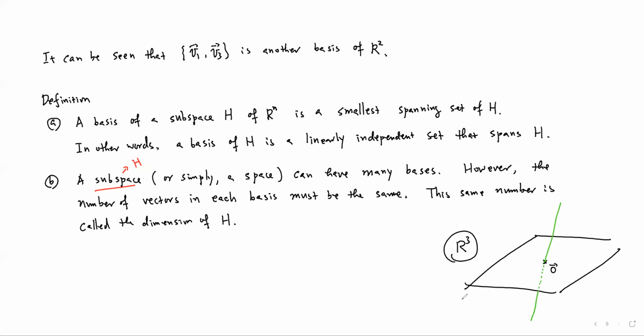A basis of a line contains only one vector. So a line is a one-dimensional space. So the same number of vectors in a basis is called the dimension of the space H. Yeah, definition here.